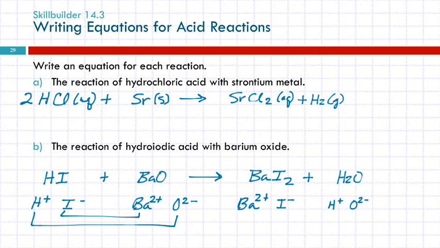Then we need to balance it. Two of the acid, right? 2 HI. So I got 2 hydrogens, 2 hydrogens, 2 iodides, 2 iodides, 1 barium, 1 oxygen, 1 barium, 1 oxygen. Any questions?